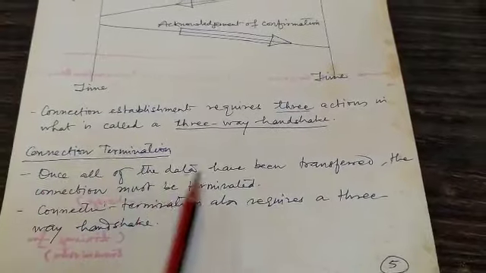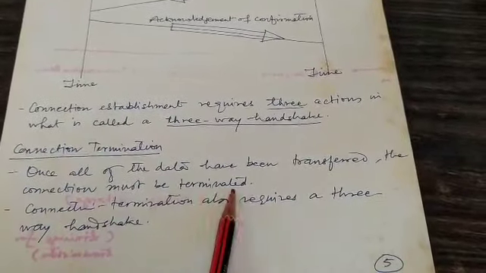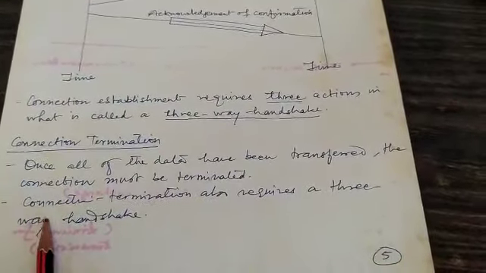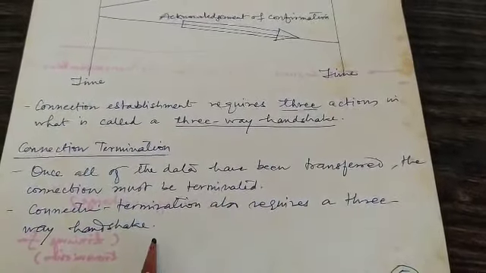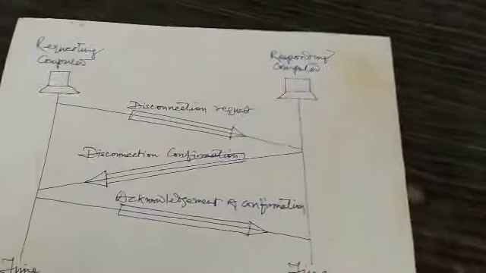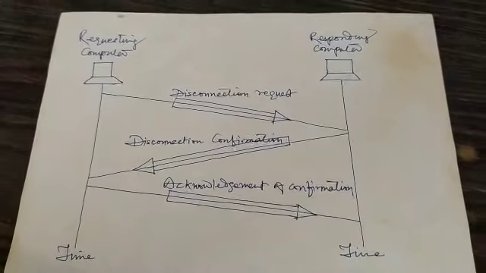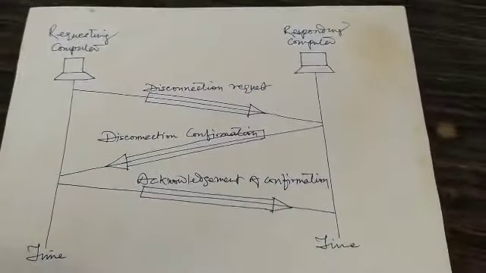Once all of the data have been transferred, the connection must be terminated. The connection termination also requires a three-way handshake, same as what we have seen earlier, and this is also under the three-way handshake protocol.